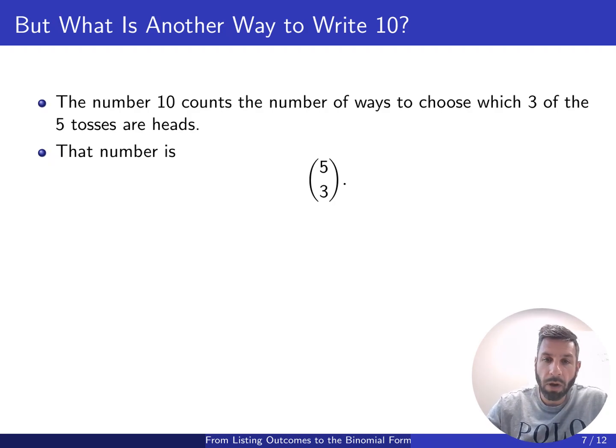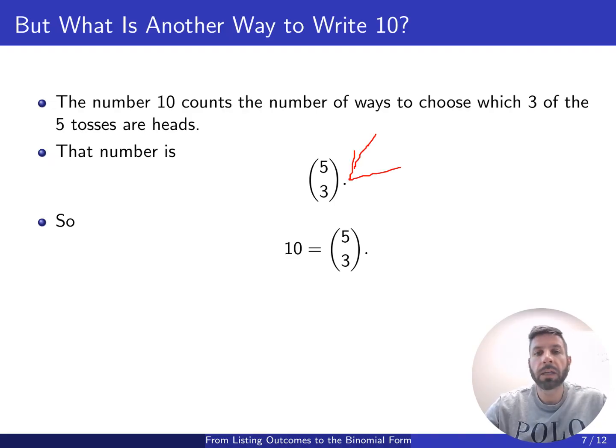And in this particular problem, we are using what's called a binomial coefficient. This thing right here looks like a fraction, but it isn't. It is mathematical notation for 5 choose 3.